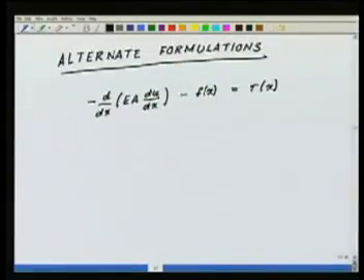If I take this quantity, I will call it r of x. In the actual, if you use a true solution to the problem, r of x has to be equal to 0. Okay. So, this I had called as the residue. So, what we had done, multiplied this residue with w and integrated by parts once to transfer derivative from u to the w, and we got our weak formulation.